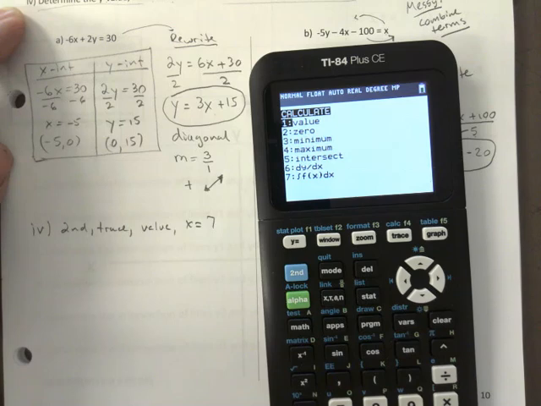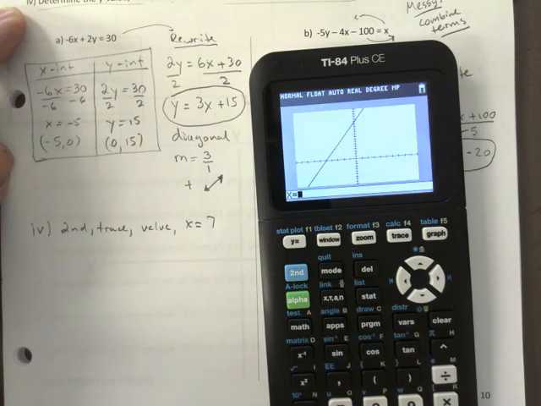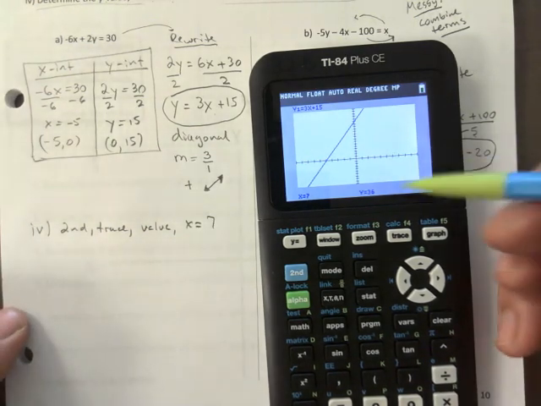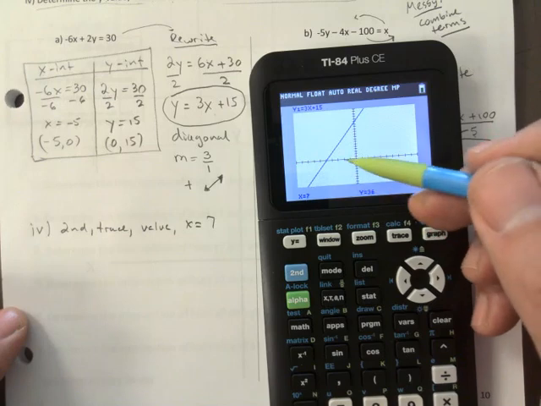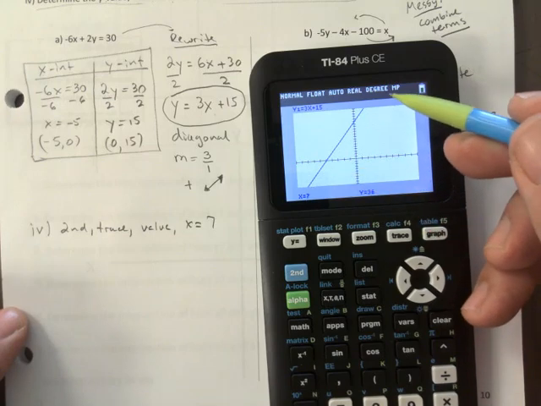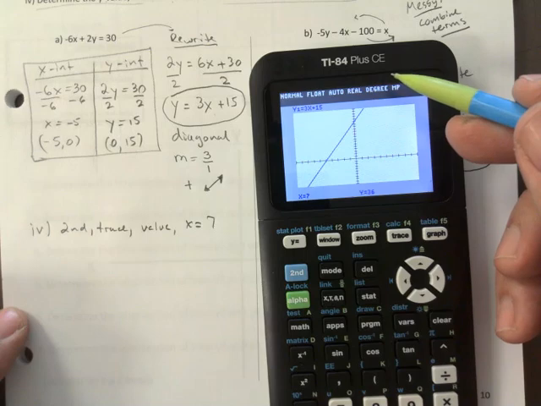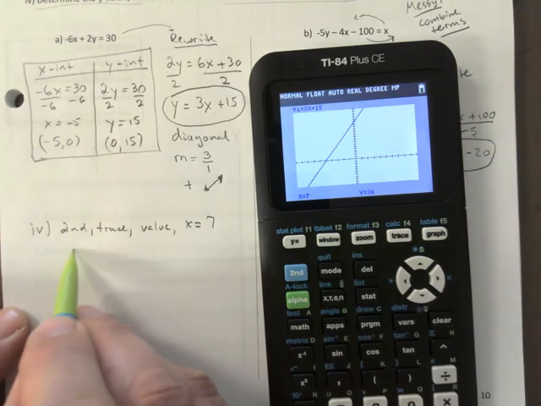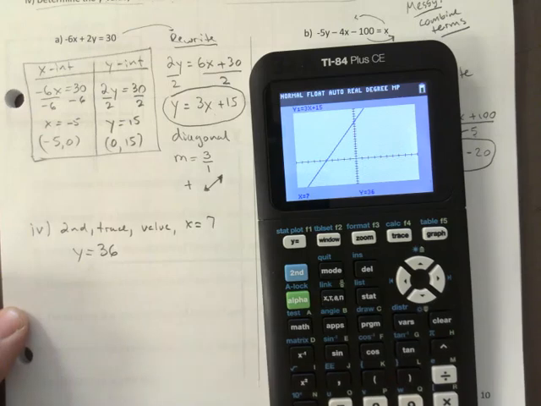So let's do that. I'm going to go second trace value, x is equal to 7. And what is y? Y is 36. So when x is equal to 7, we're way over here at 36. We can't even see this on our graph, but the calculator is able to do that.